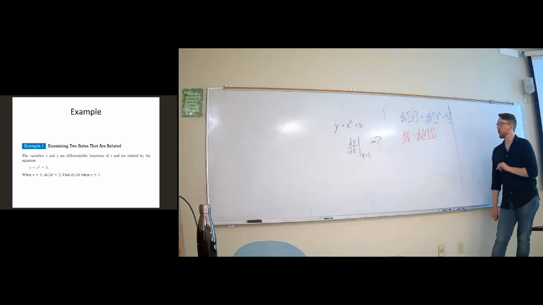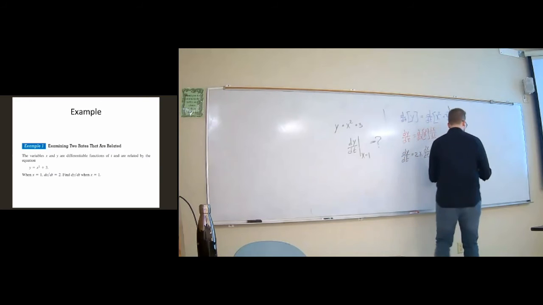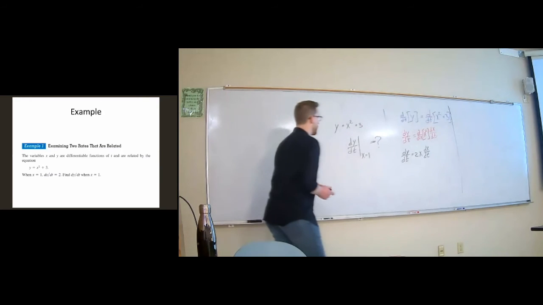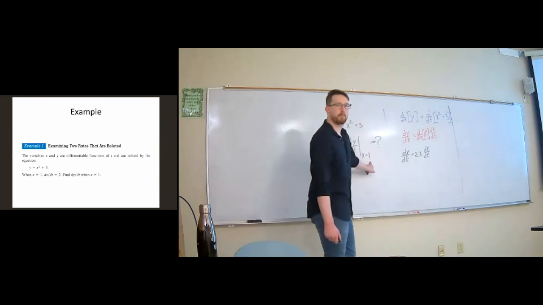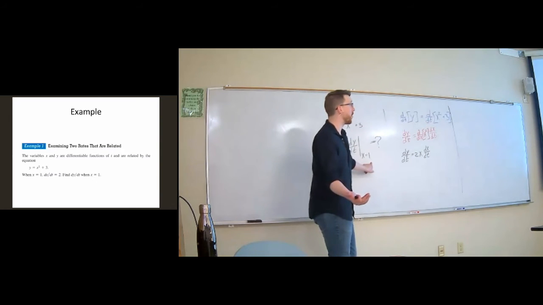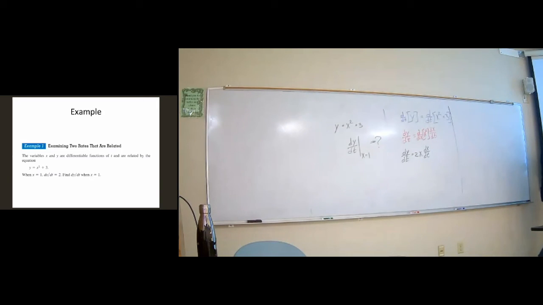Okay. Well, if that's the case, then dy/dt has to be equal to 2x dx/dt. Well, we know x here has to be equal to 1, because that's what we're asked to solve for. But we're also given that when x is equal to 1, dx/dt is equal to 2.